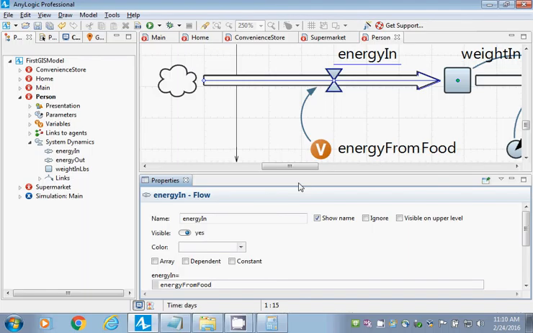And this energy from food is going to be modified as people eat food, as they go to a convenience store, go to a grocery store. That's going to be modifying their energy from food. And so it's an aspect of their state that's updating over time. It just happens not to be amenable to easy description with either a stock or a state chart.